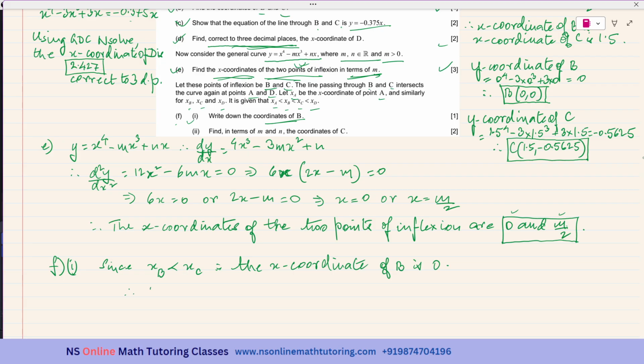Therefore, the y coordinate of B will be equal to, now I'll be substituting 0 in this expression. So it is 0 to the power of 4 minus m times 0 cubed plus n times 0, which is equal to 0. So therefore, B is (0, 0).